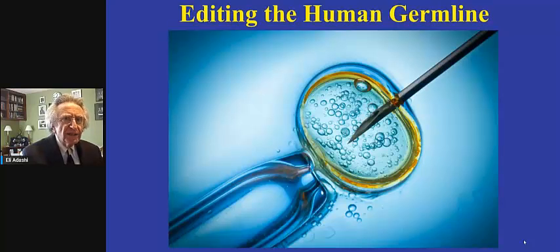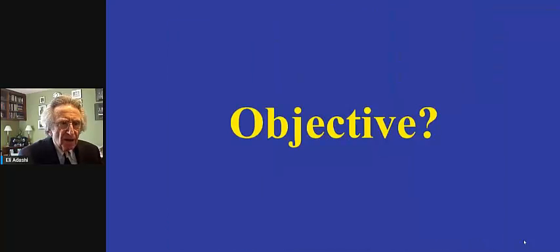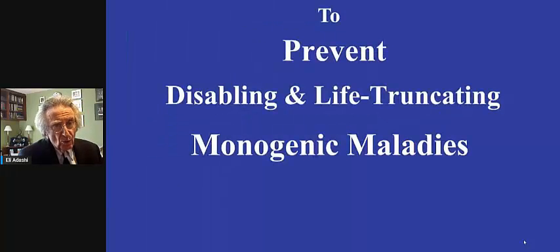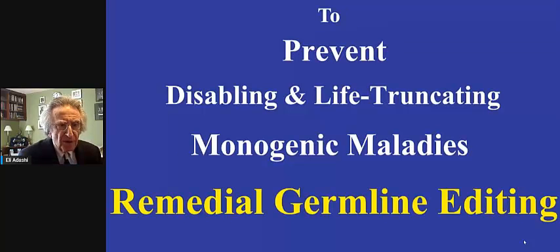Which brings us to editing the human germline and, of course, to our discipline. What is the objective of germline editing? Well, the objective is, of course, to prevent disabling and life-truncating monogenic maladies.